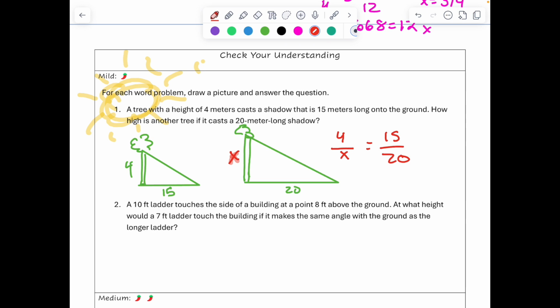And then cross multiply, 80 equals 15x. So x equals 5.3 repeating. So the height of that tree that casts a 20-meter shadow is 5.3 repeating.